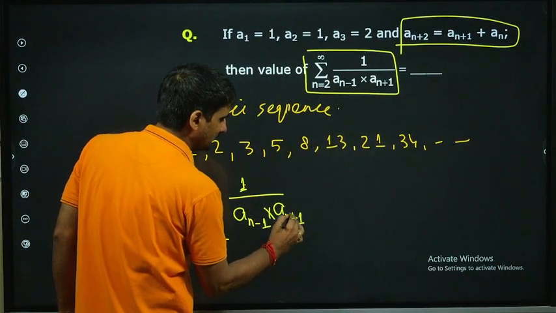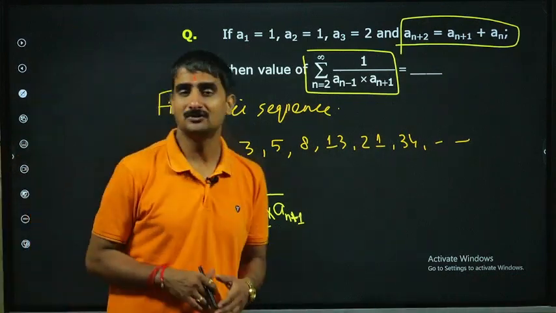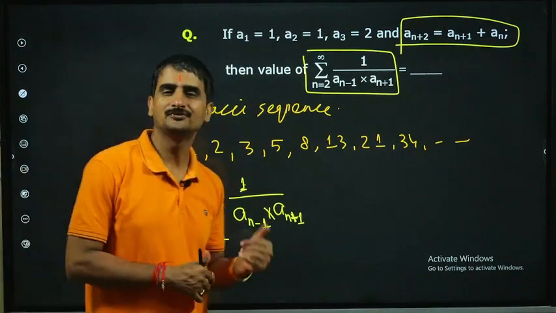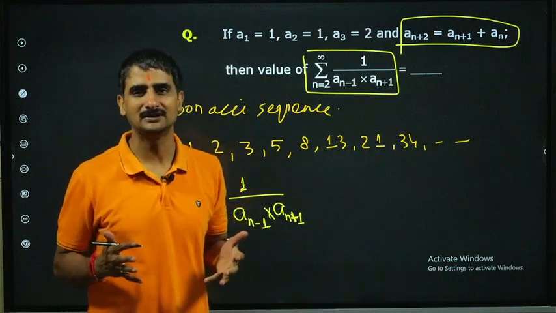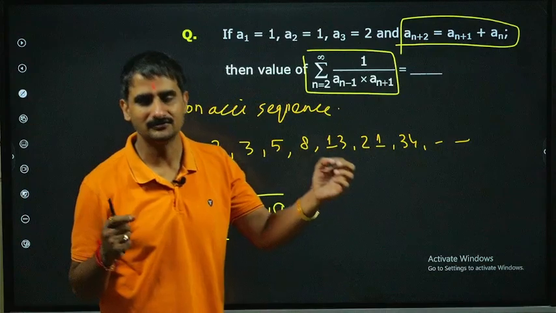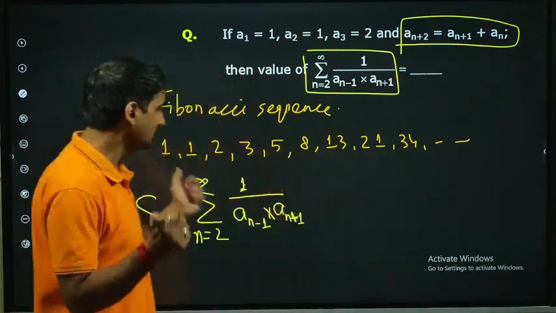If any one of you has done it, that's really good. That means you have understood very well how to approach such type of question. You don't have a choice. You don't have any result or formula for a series related to the Fibonacci sequence. So we don't have a choice.